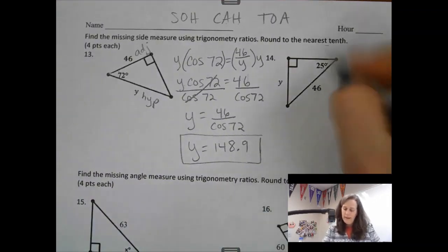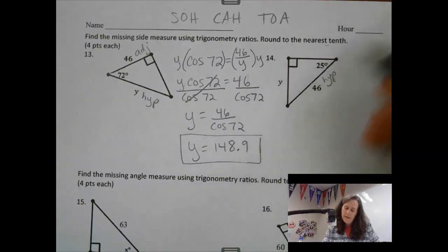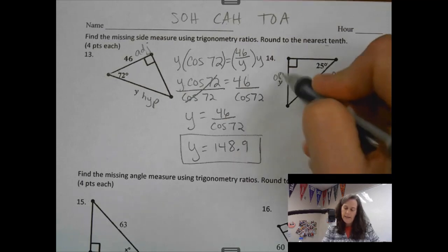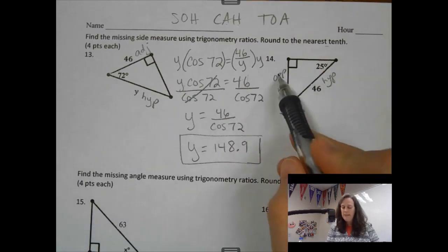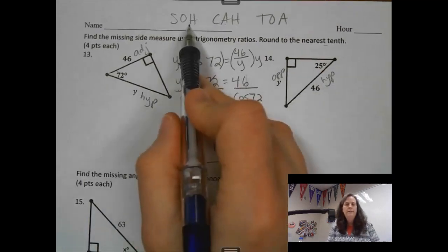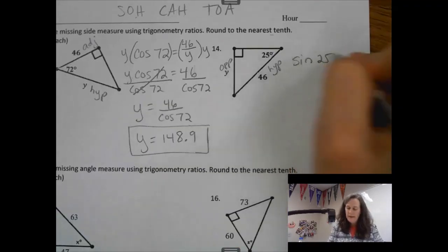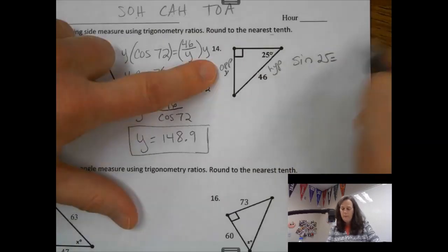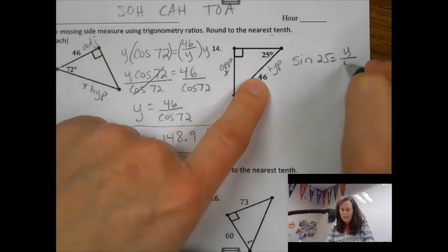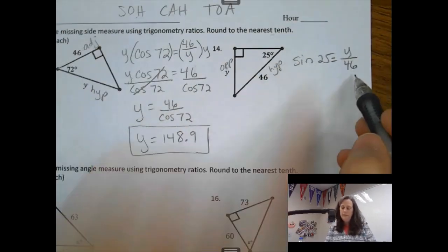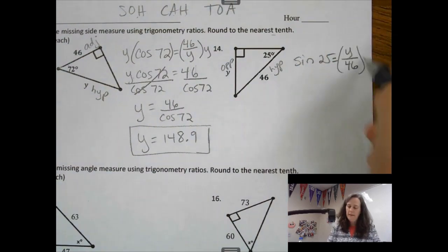So we have a hypotenuse. This is our anchor angle, and that guy is opposite the anchor angle. So if we have opposite and hypotenuse, we need to do a sine. Sine of 25 equals opposite over hypotenuse. We're trying to solve for y.